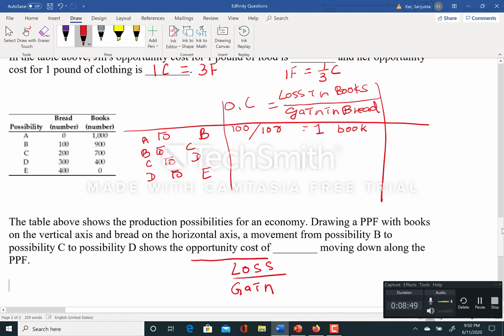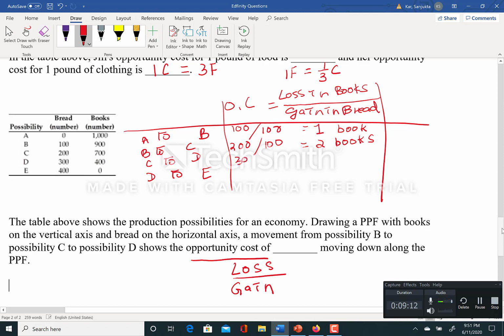Now look at B to C here. The loss in books is 200. Gain in bread is equal to 100. So opportunity cost of 1 bread is equal to 2 books. C to D, 400 and 700 is 300.